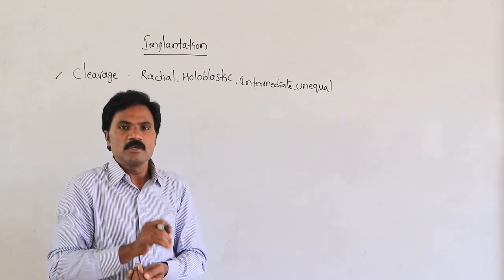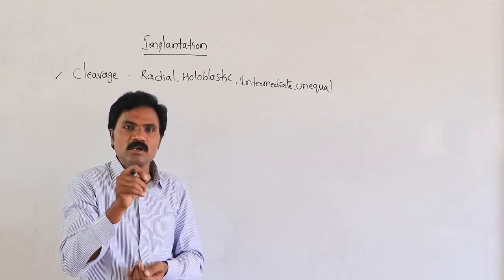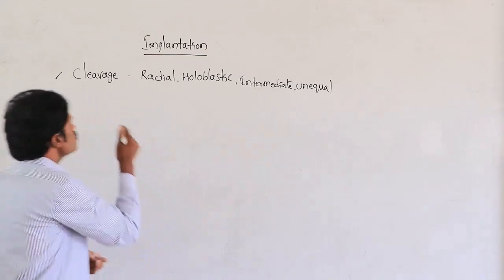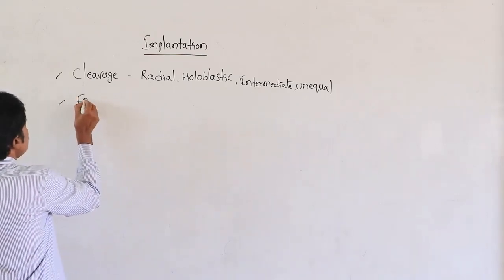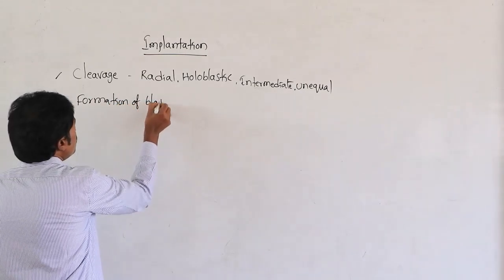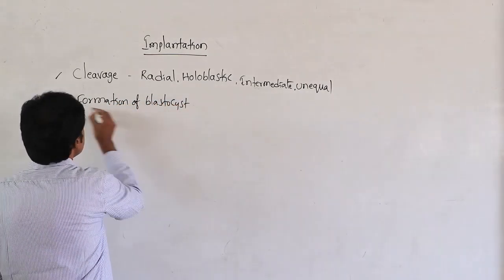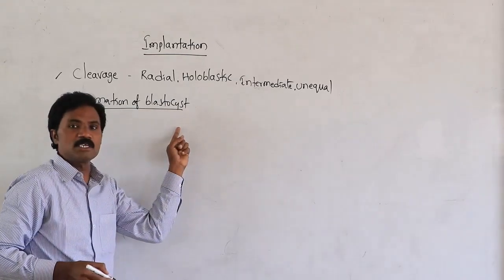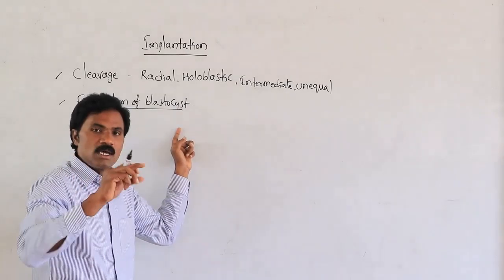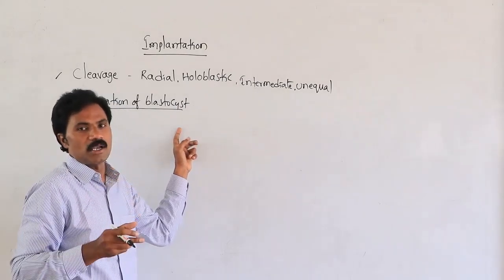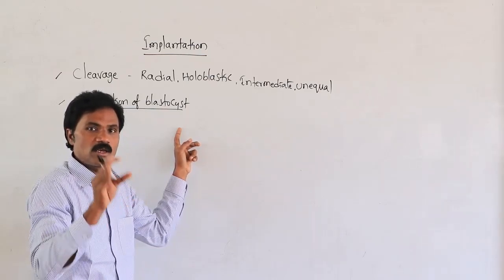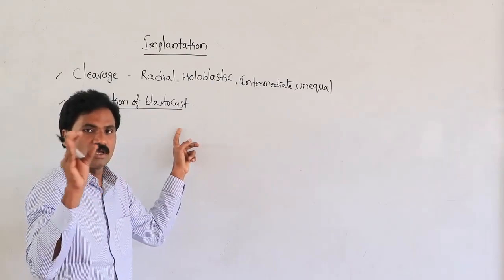In cleavage, what are the steps involved? The formation of the blastocyst. While the zygote moves from the isthmus to the uterus, mitotic cell divisions take place: 2 cell, 4 cell, 8 cell, 16 cell, 32 cell, 64 cell.